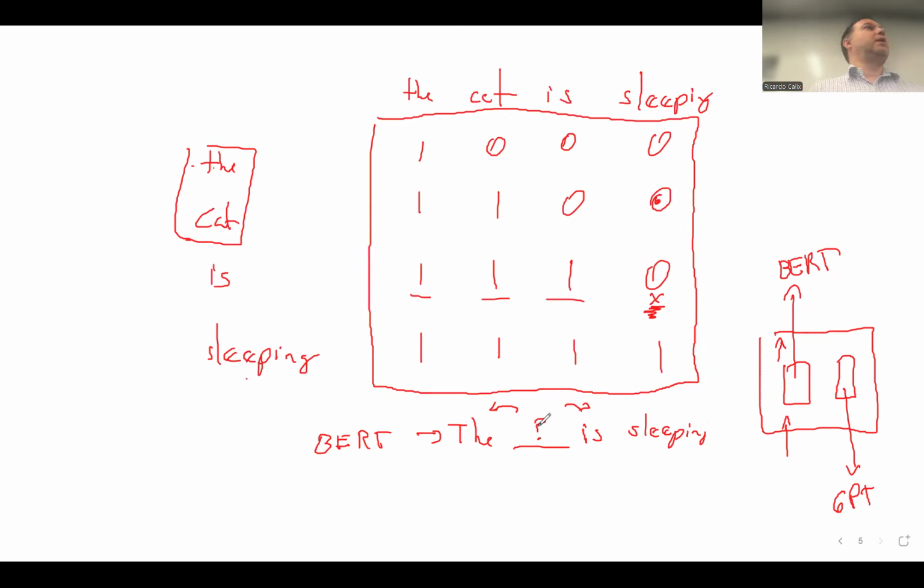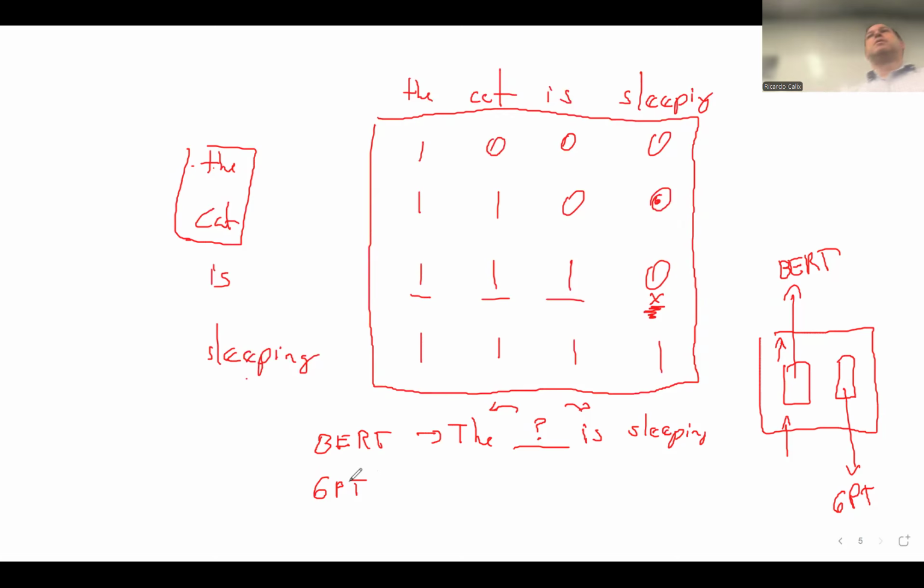Do you see that? And we would just randomly pick which ones we wanted to filter out. The GPT is more strict, if you will. What the GPT does is it never looks at the future. It can only look at the past.